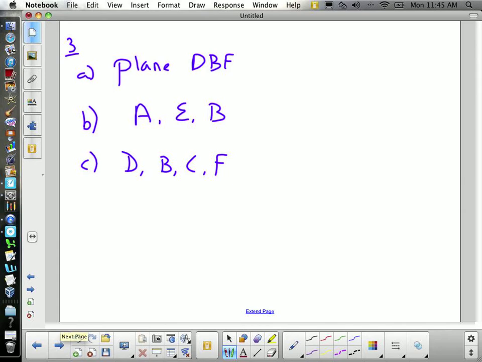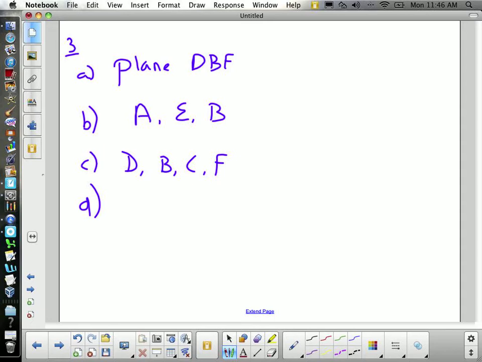Name a ray with initial point B. What do you got? Okay. C would be a possible ray with that, but how would you name it? BC. What's actually the only one that's drawn in as a ray in the picture?